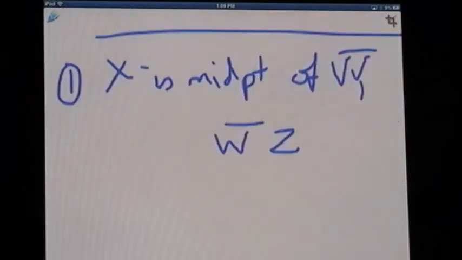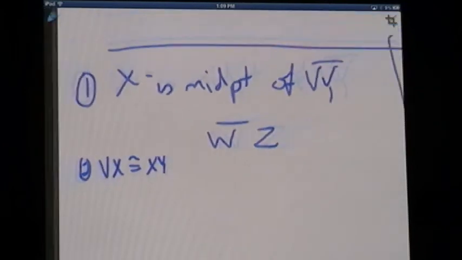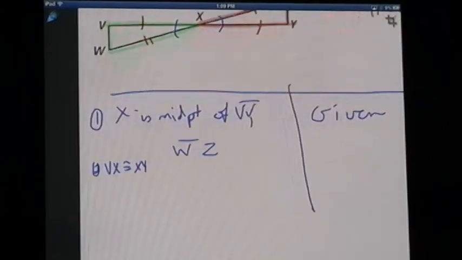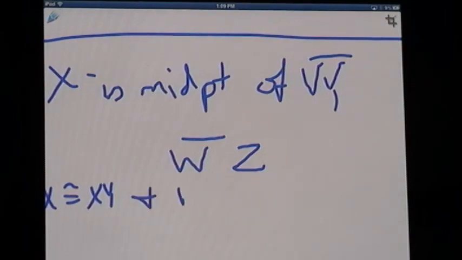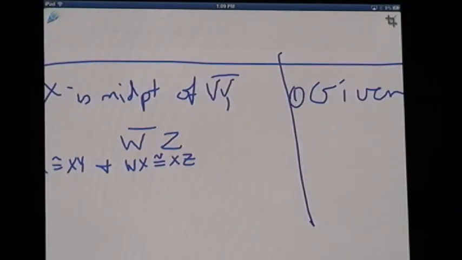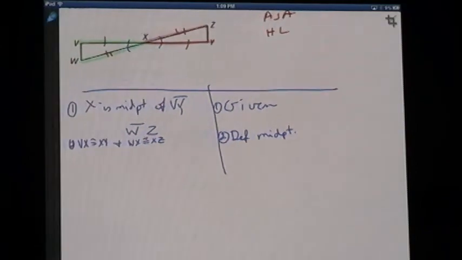VX equals XY, or is congruent to XY. And WX is congruent to XZ. And that is the definition of a midpoint. Or you could write out a midpoint divides a segment into two equal parts, if you really want to.